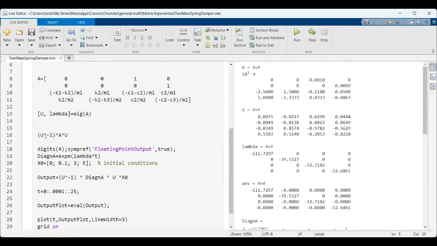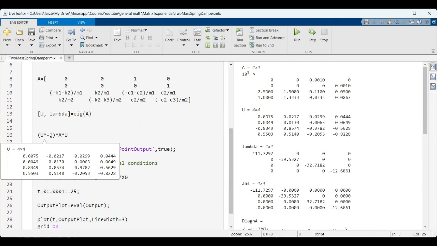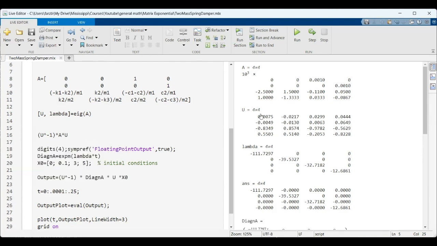So when we showed that U inverse times A times U should give out a diagonal matrix when the eigenvalues are real and distinct, as we can see, U inverse AU is that 4x4 matrix, and the eigenvalues are on the diagonal.